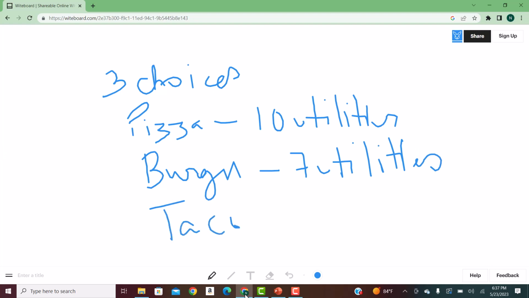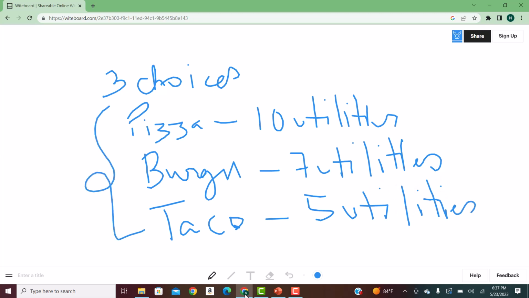And if you have taco, you're going to have a benefit of 5 utilities. Okay, so these are your three choices for lunch today. Now you do not have enough money to buy all three, so you have to buy the best one. And based on your economics knowledge, you will have to make a choice and select which one you want to go with.